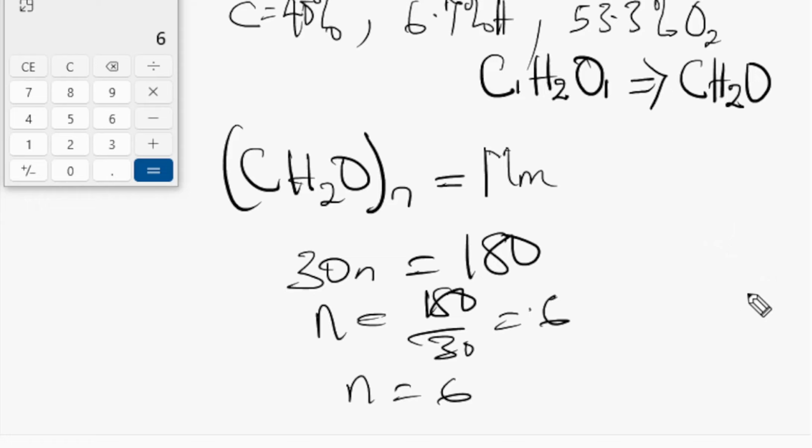So this means that this molecular formula will be such that CH2O will have 6 here.